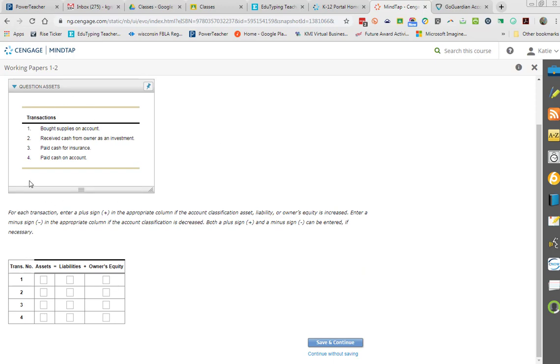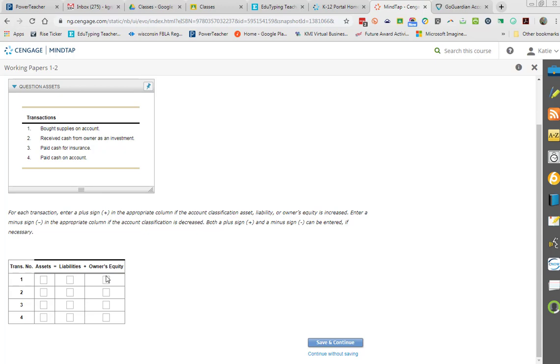So here's the transactions, and the transactions are going to be events that occur that affect our accounting equation. We are going to be doing transactions all the time in accounting, but again, that's a new term in 1-2. Our directions read here: for each transaction, enter a plus in the appropriate column if the account classification, assets, liabilities, owner's equity, is increased. Enter a minus in the appropriate column if the account classification is decreased.